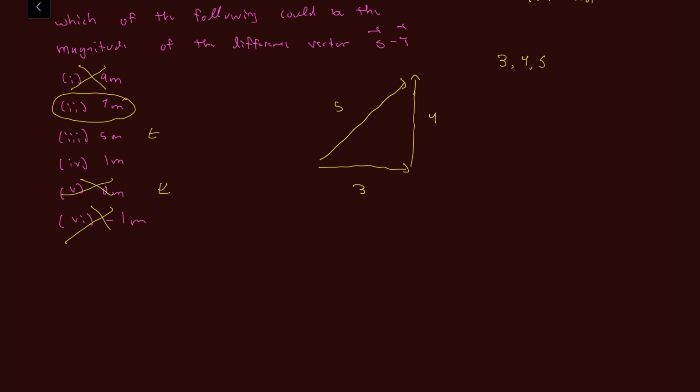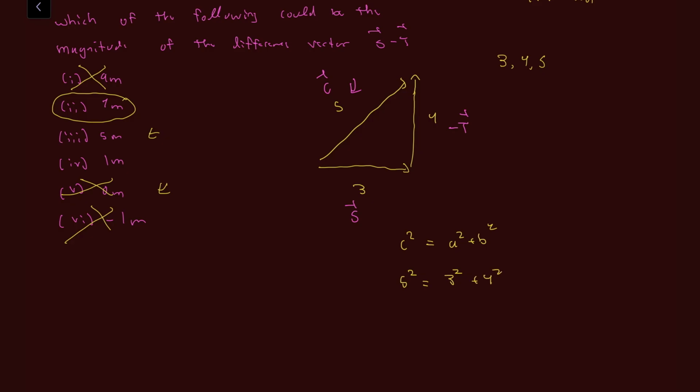That's actually a triangle. So let's say this is S, and let's say this is negative t, and a resultant is this vector c with magnitude of 5. This is completely possible, and all we need to do is check using Pythagoras' theorem of c squared is equal to a squared plus b squared.